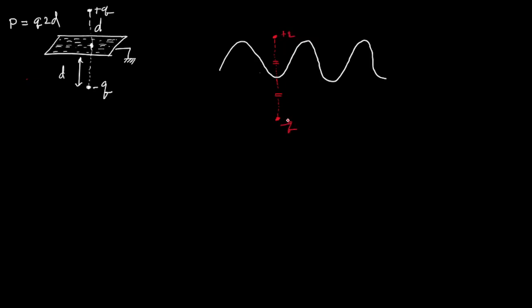Now since this charge is moving in the positive x direction, the real charge is moving parallel to the sheet, towards the right. So the charged particle will not be at rest at this position all the time, it will move with time. At a later time, let's say the charged particle reaches this position.